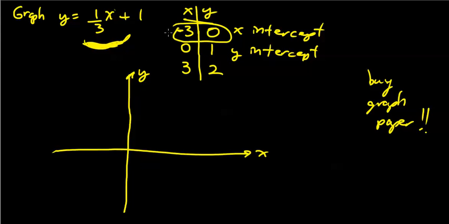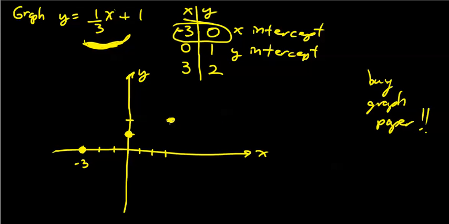So let me plot these points. When x is minus 3, y is 0, meaning you're on the x-axis, hence the name x-intercept. When x is 0, then y is 1, hence the name y-intercept. If x is 3, y is then 2.